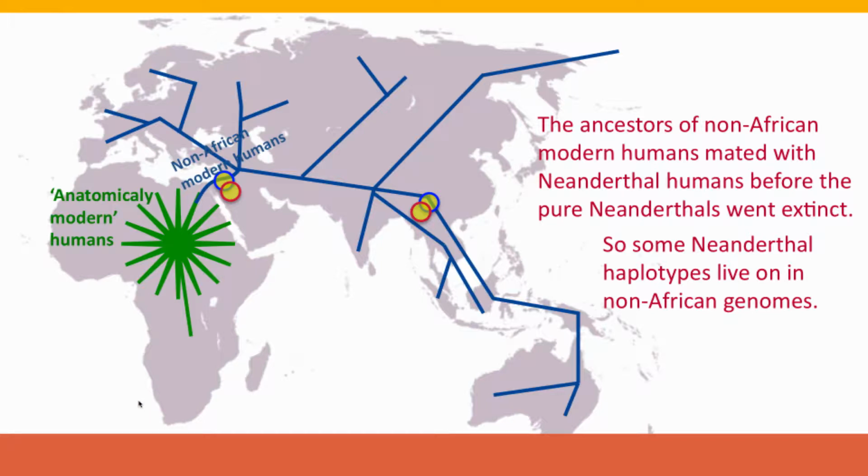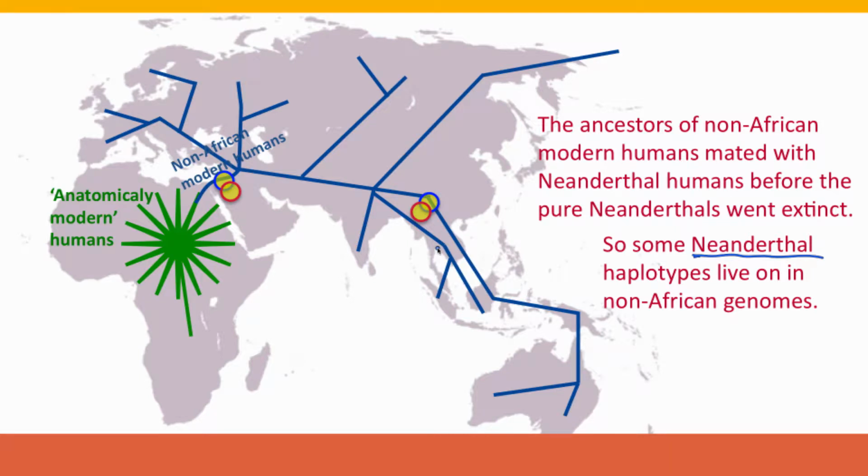So we know that the ancestors of non-African humans mated with Neanderthal humans before the Neanderthals went extinct, and that some Neanderthal haplotypes live on in the non-African genomes. So African peoples don't have Neanderthal DNA. In a sense, you could say their genomes are more modern than ours. Our genomes, ours being people like me, of course, have Neanderthal DNA in them.